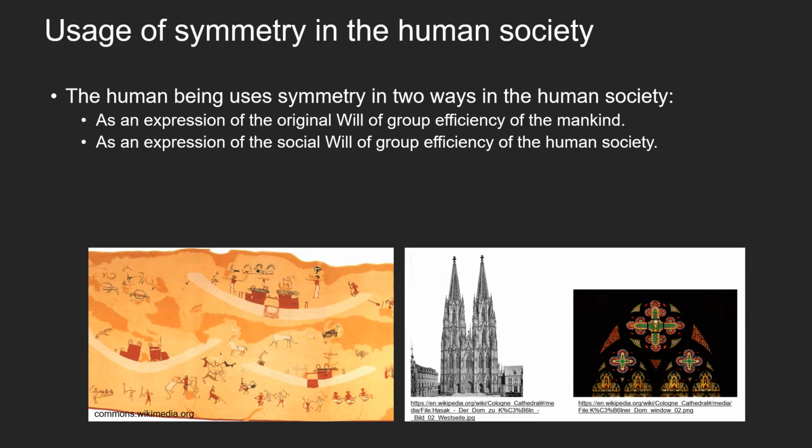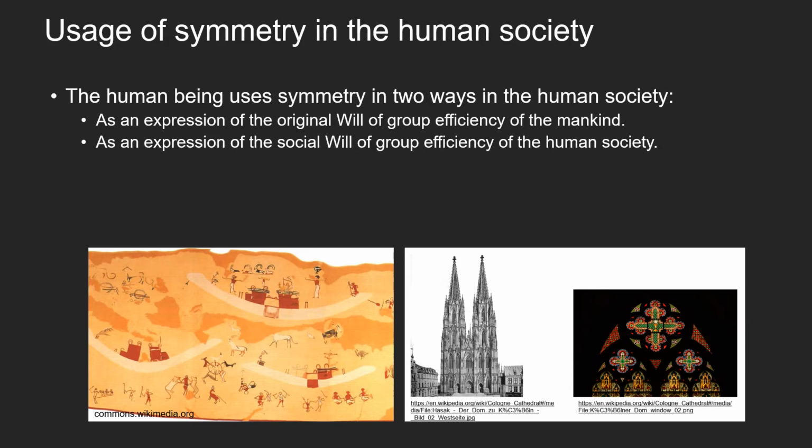Second, symmetry as an expression of the social will of group efficiency of human society. In this case, symmetry is used repeatedly and massively. It would create an atmosphere of seriousness and overwhelming.